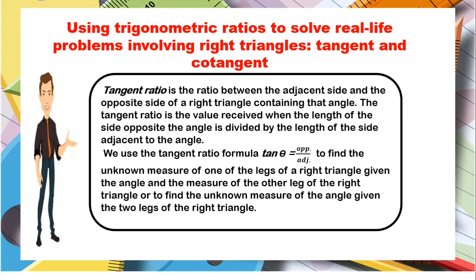We use the tangent ratio formula tangent theta is equal to opposite over adjacent to find the unknown measure of one of the legs of a right triangle given the angle and the measure of the other leg of the right triangle, or to find the unknown measure of the angle given the two legs of a right triangle.